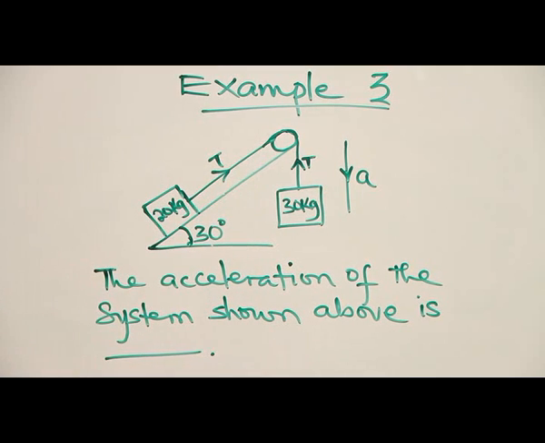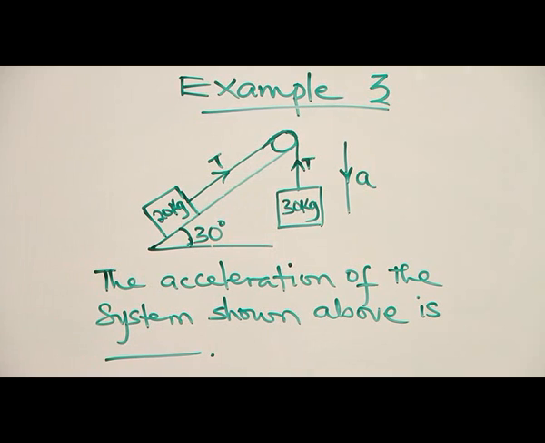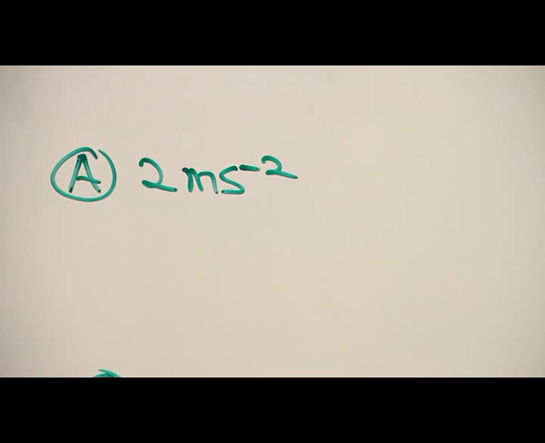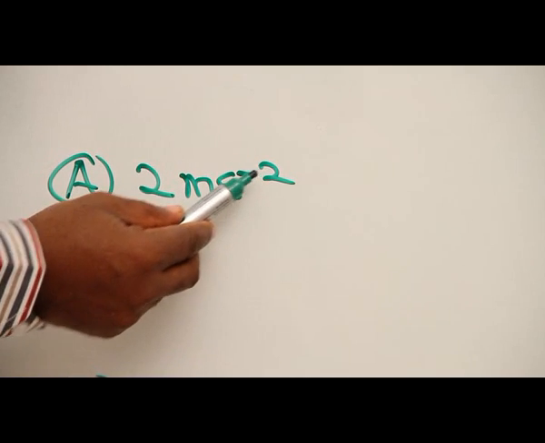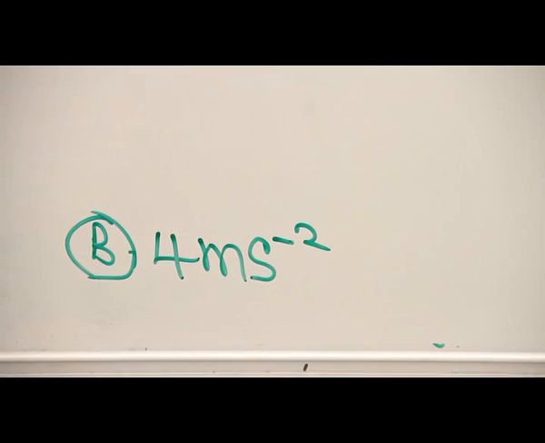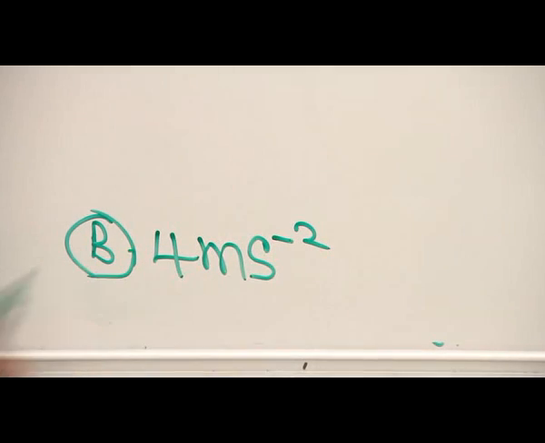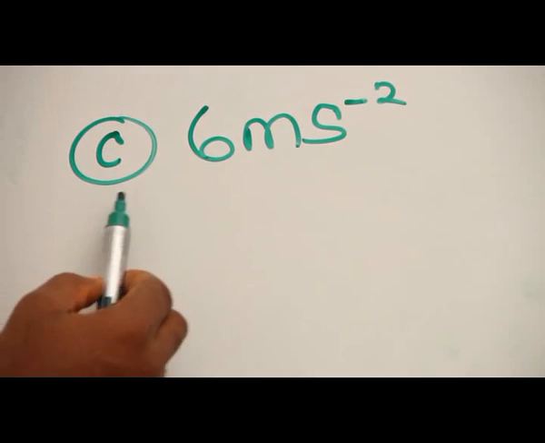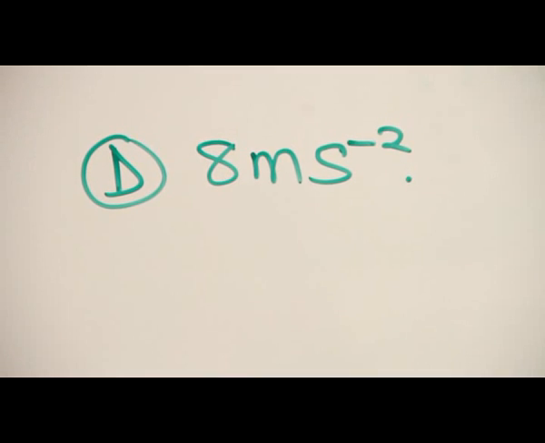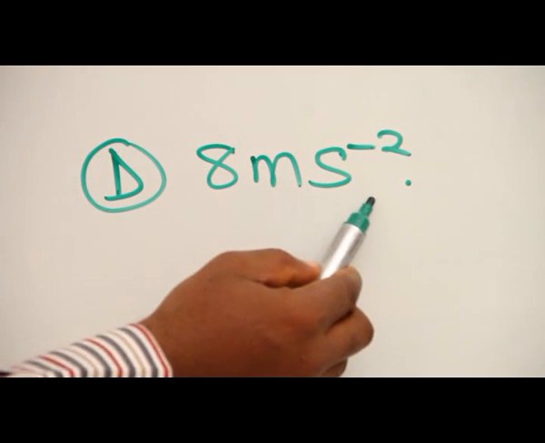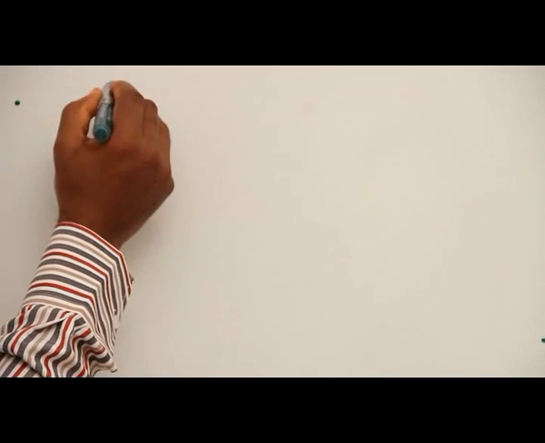We are asked to find the acceleration of the system above. The options are A, 2 meters per second square, B, 4 meters per second square, C, 6 meters per second square, and D, 8 meters per second square. The solution to the problem above is as follows.